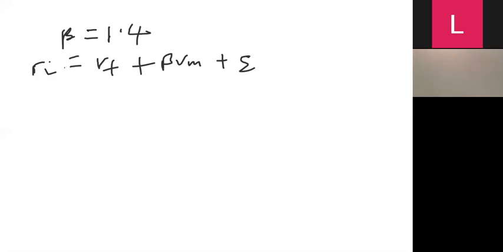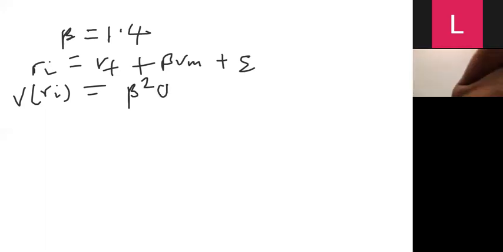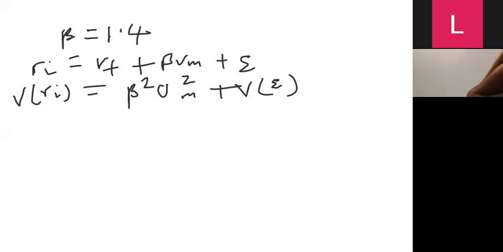RF is a constant, so the variance of a constant is 0. But I'm going to have beta squared times the variance of the market, plus the variance of the error term. Because this is completely diversified, that error term is equal to 0.